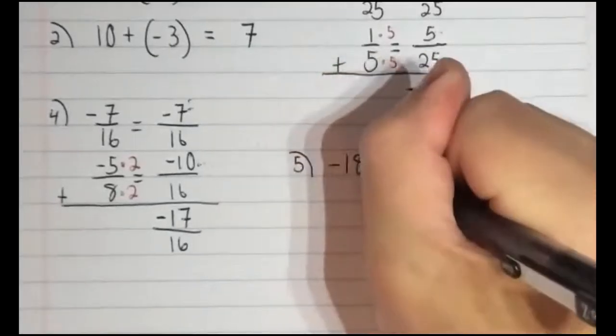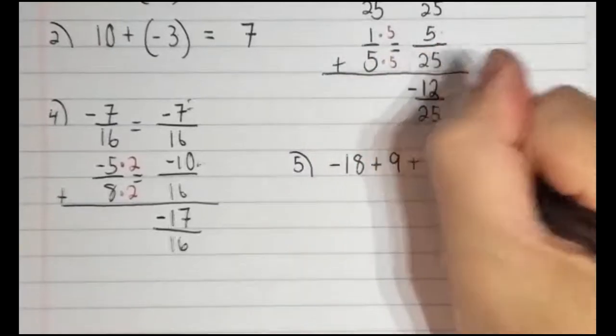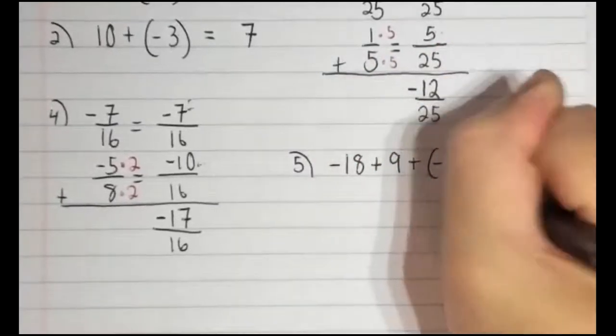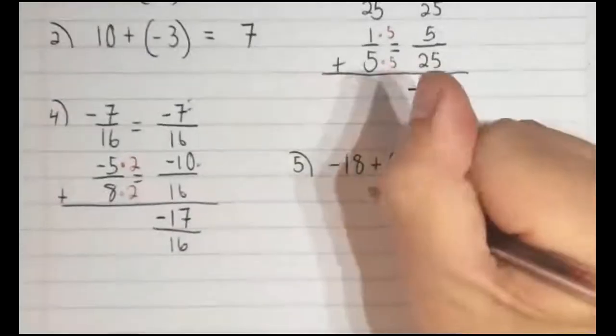Our next example here, we're just going to follow our order of operations, and we don't have parentheses, we don't have exponents, we're not multiplying or dividing. So how do we add? We add going left to right.